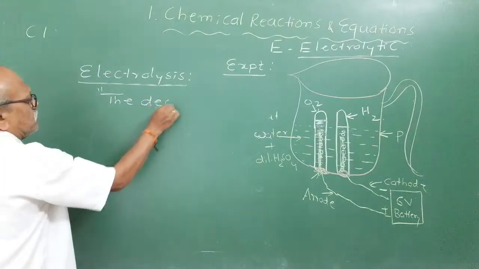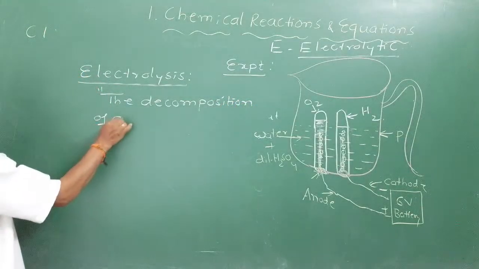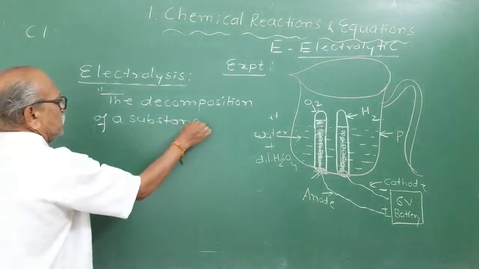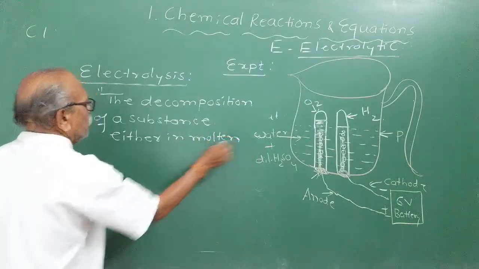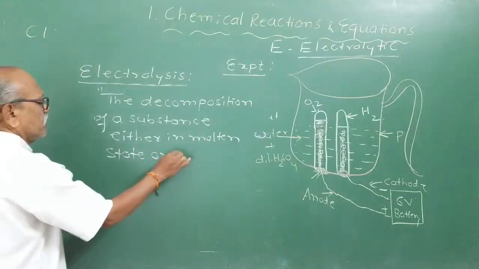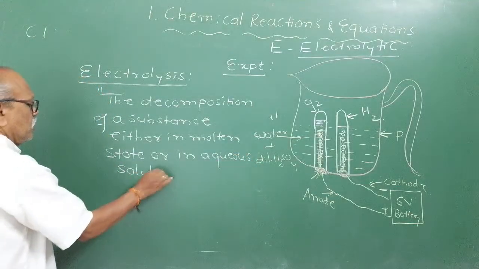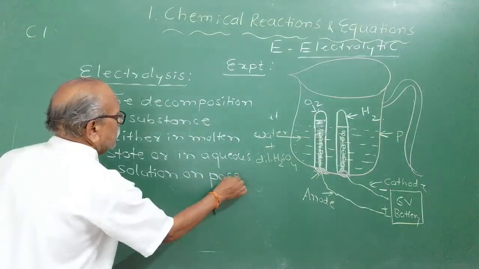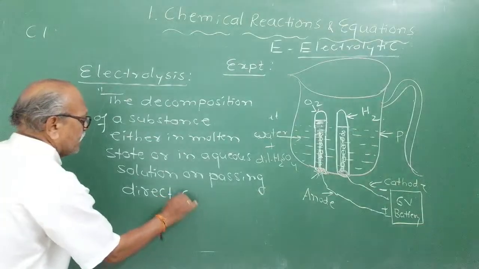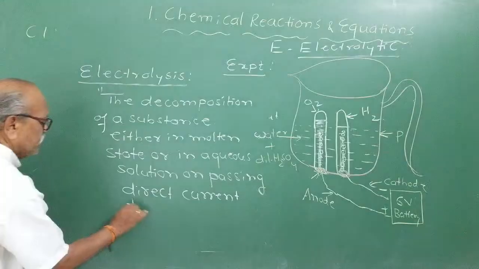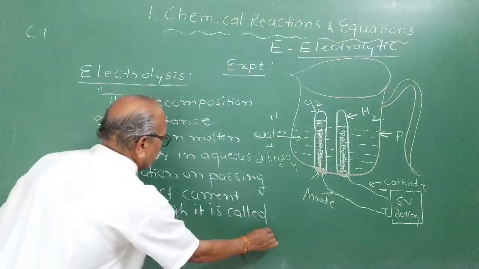The decomposition of a substance either in molten state, molten means you have to melt it directly, or in an aqueous solution, on passing direct current through it is called electrolysis.